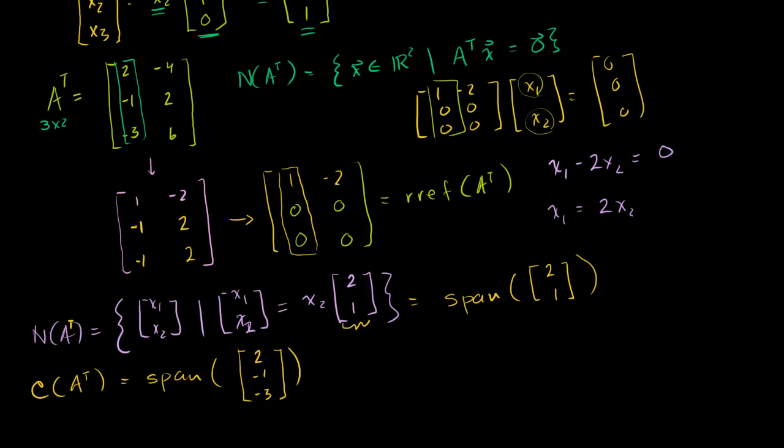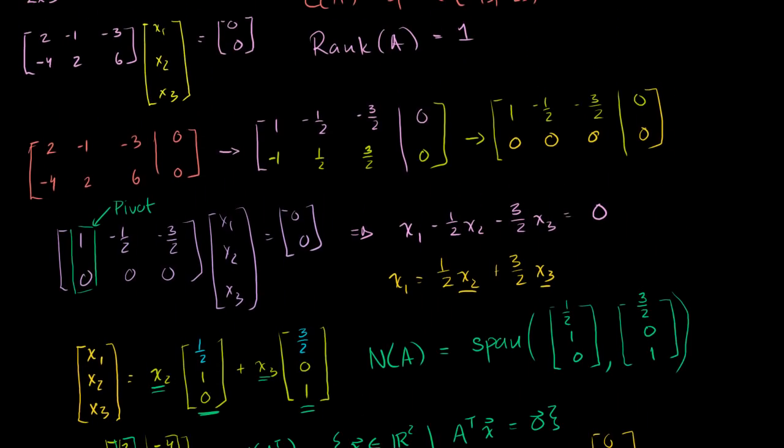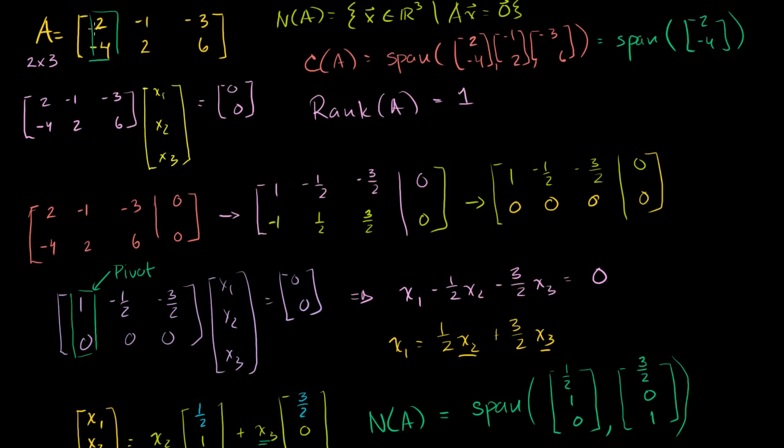It's the subspace spanned by that vector, spanned by this vector and that vector. And it turns out that this guy is a multiple of that guy, so we could say just by that guy. But these were the rows of our original matrix A. So we could also view this as the span of the row vectors of our original matrix, right?